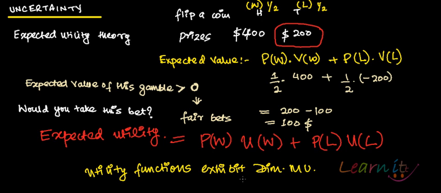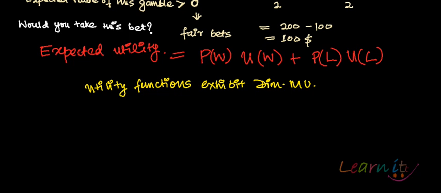Okay, so I'm giving you a fair bet, a bet in which your expected value is greater than 0, but still you may not want this. Whether you want this or do not want this depends on the kind of utility function which you have. Say, for example, I have the utility function u is equal to root of w.